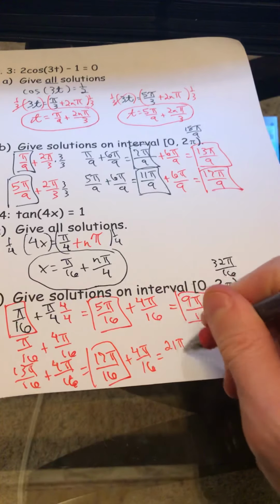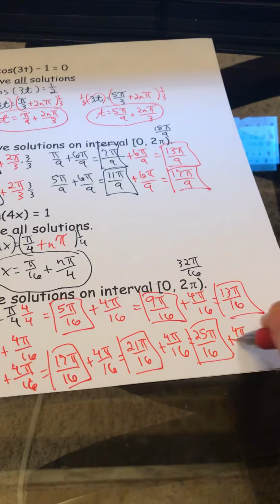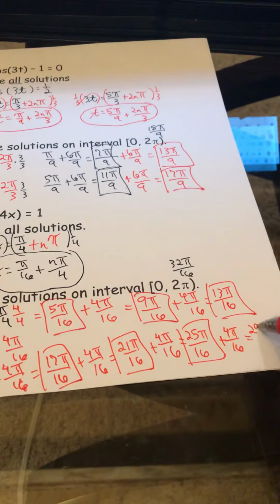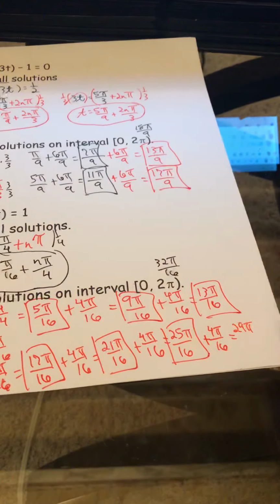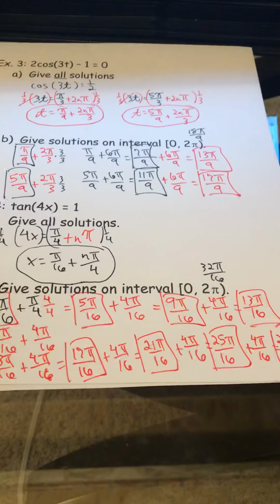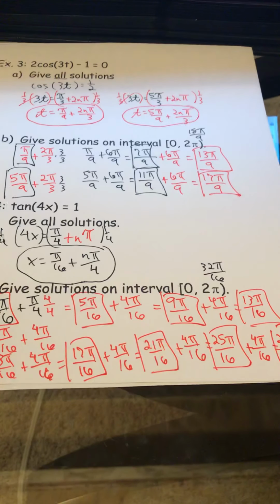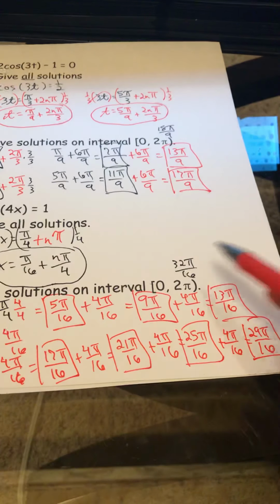And then one final solution is 29 pi over 16. Again, first rotation, second, third, and fourth, due to your period being shrunk from pi to pi over 4. And again, if you were to add 4 pi over 16 again, you would be past 2 pi. So that's another way to know that you're done.